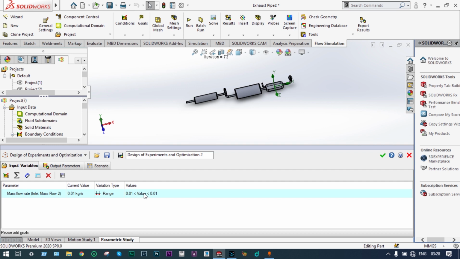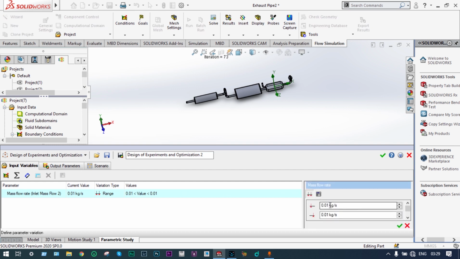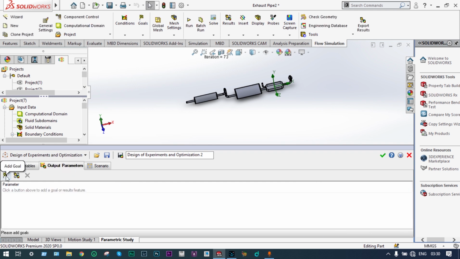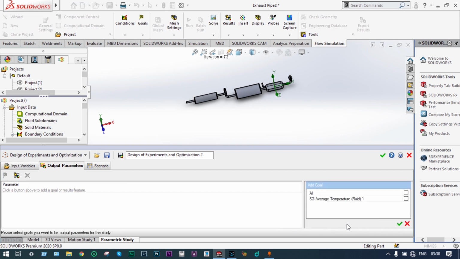Now we have to increase that rate to have a reduction in temperature at the exit location. So we will specify this range from 0.02 kg per second to 0.05 kg per second. Then check, and we have to specify the goal. We have only one goal to be defined, that is the exit temperature of the fluid.